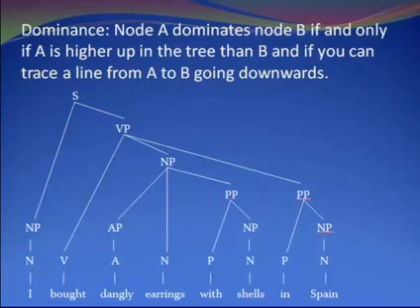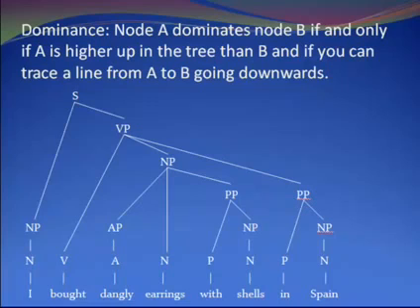That works. Okay, let's have a look at the PP node, which stands for in Spain. Now, what does that dominate? Well, it's higher up in the tree than P, NP Spain and N Spain. So does it dominate all three?